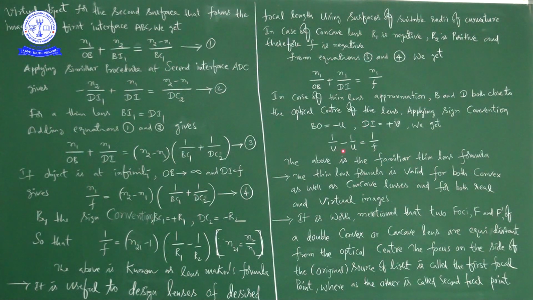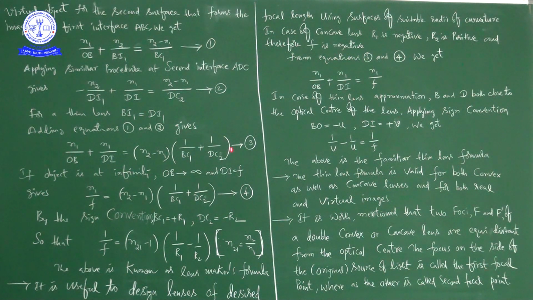Even for a concave lens the procedure is the same, but R1 will become negative and R2 will become positive. Similarly, we can derive for a concave lens. In case of a concave lens, R1 is minus, R2 is plus, and f is also minus.